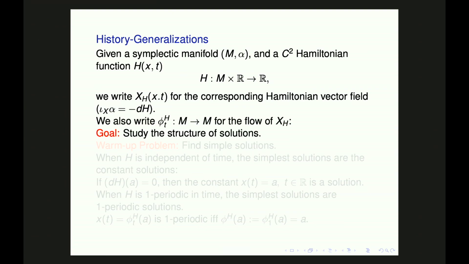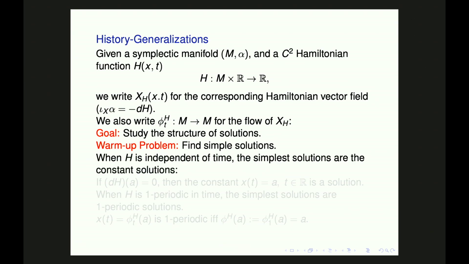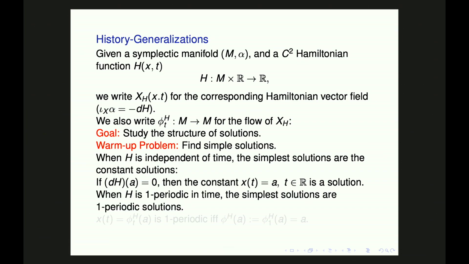Then you can talk about the time one map. And again, if H Hamiltonian function is independent of time, you can talk about constant orbits, and they correspond to the critical points of the Hamiltonian function. And it turns out that you can study the critical points of arbitrary functional manifold using algebraic topology. So there are all these technologies from topology that would allow you to say something reasonable about critical points of such function. And again, you're interested in time one map and fixed points.